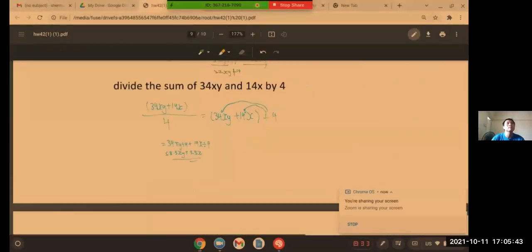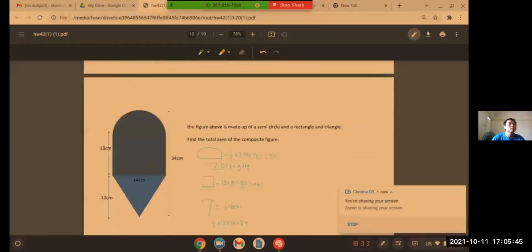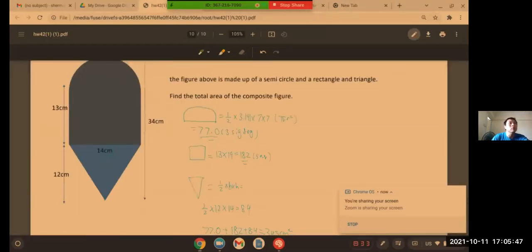Okay, yep. Share your screen. Share your last question, I think. Okay, good. So over here, what do you have? You have a semicircle, and then you also have is it a square or rectangle?